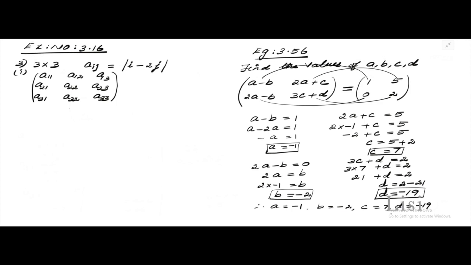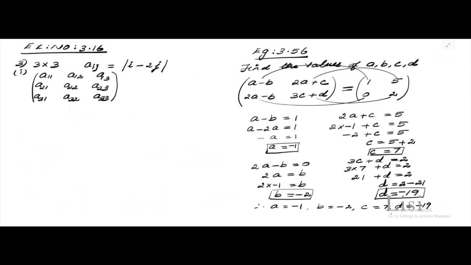Before working out the sum, I just wanted to tell you one thing. The value inside the determinant, if it is positive or negative, don't bother about that. The dead last answer will be positive only.